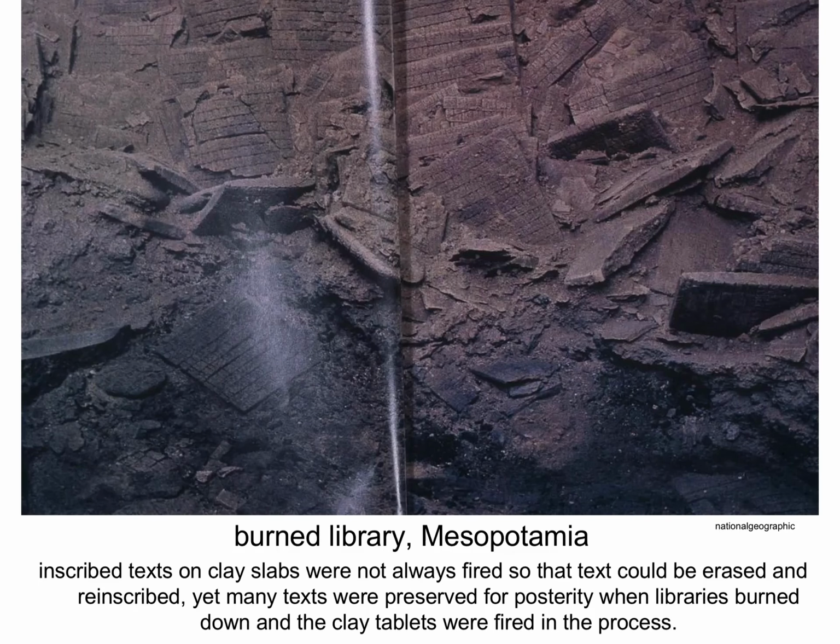Very often, libraries of those kinds of objects were eventually burned down, and the raw material was fired in that process, and the fired material was also preserved, while other material like wood and textiles and paper and so on would have been completely destroyed.